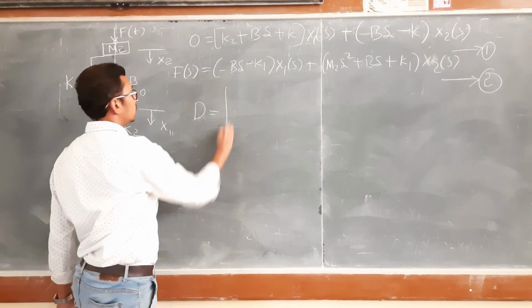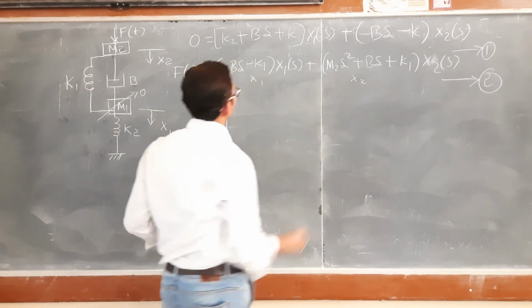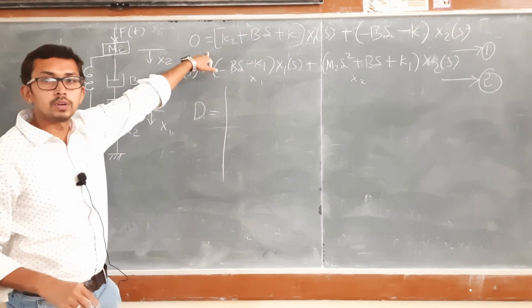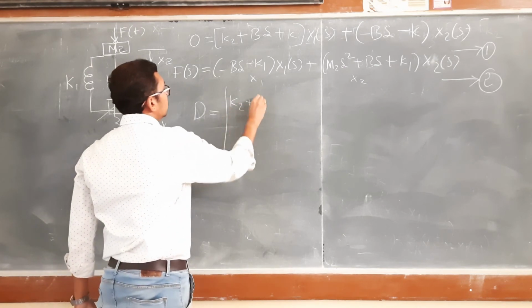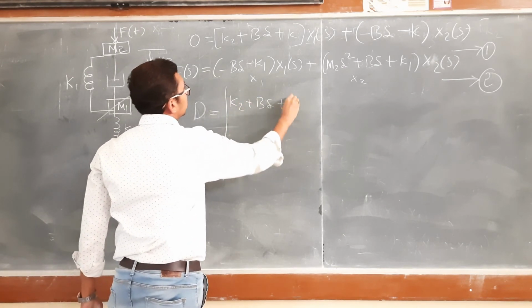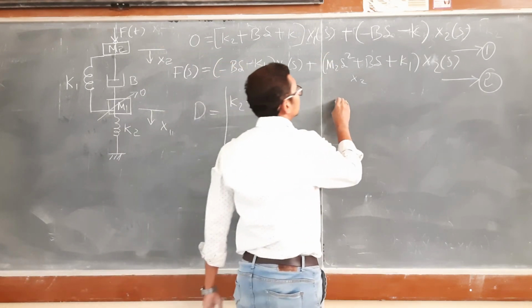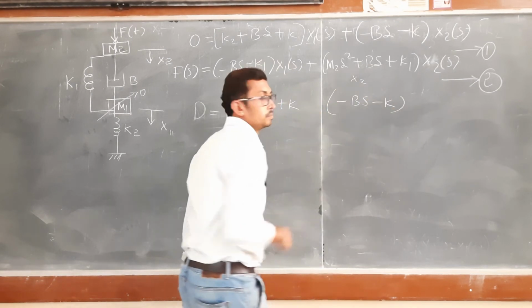D is equal to, I am going to take the x1 coefficients and x2 coefficients from equation number 1 and equation number 2. From equation number 1, what is the coefficient of x1 of s? It is m1 s square plus bs plus k. What is the coefficient of x2 of s? It is minus bs minus k.